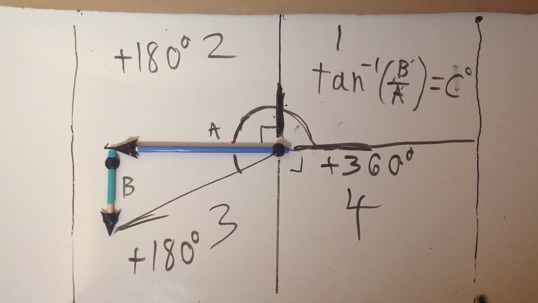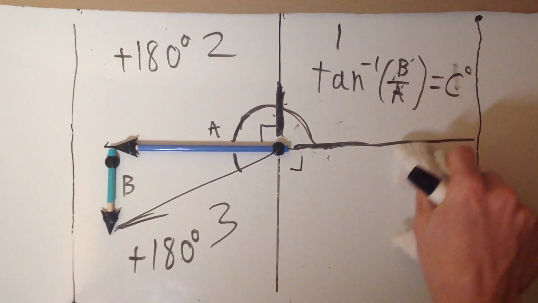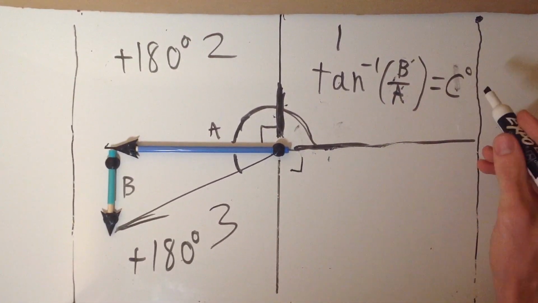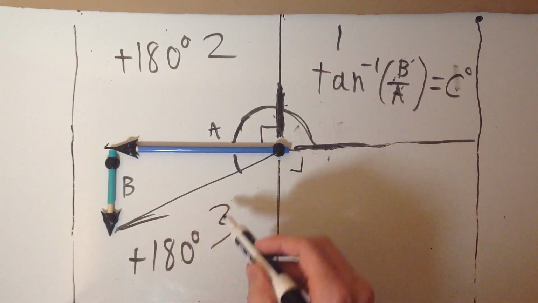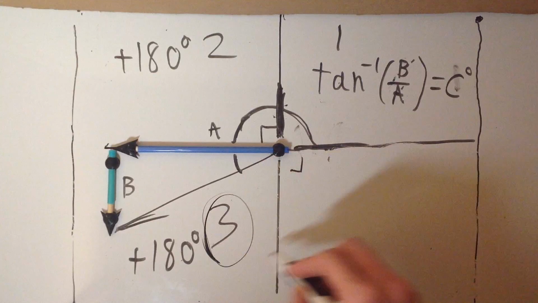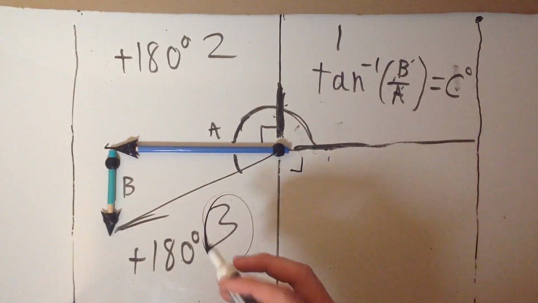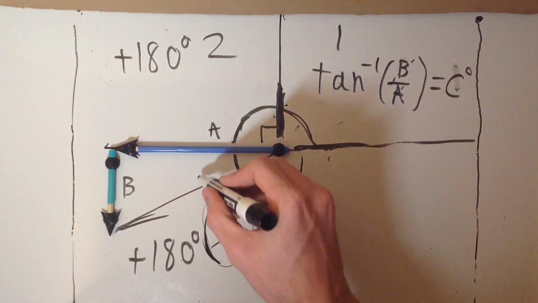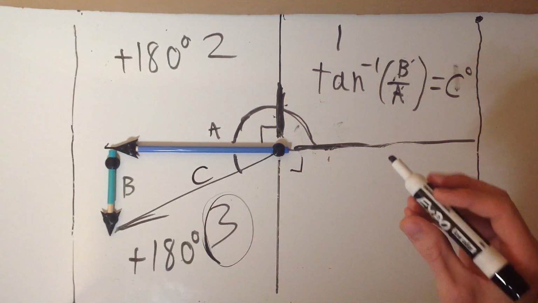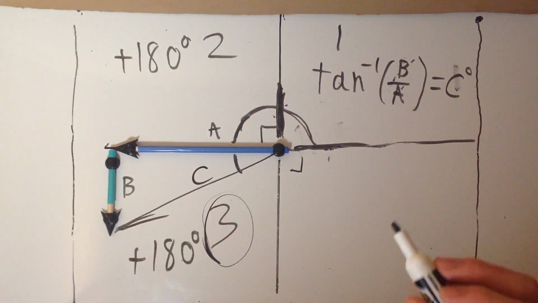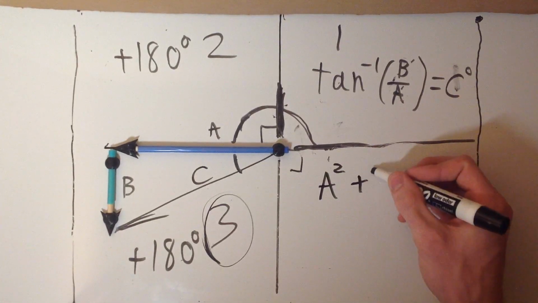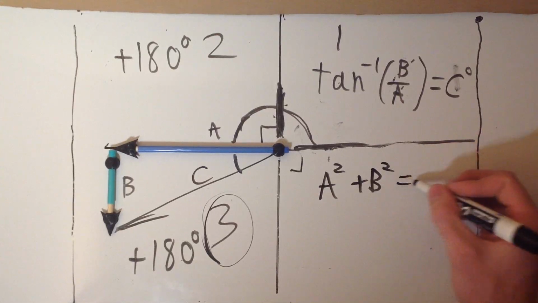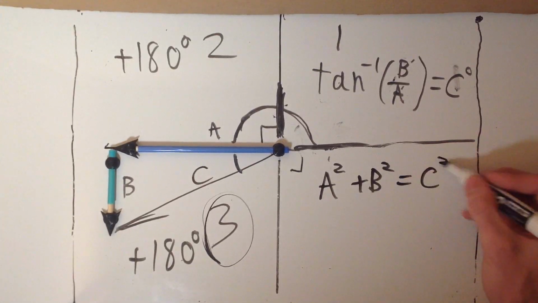And now we need to find the magnitude. So let's create a little more space here. In this case, our final answer would be C plus 180 degrees, because it's in quadrant number 3. But now we need to find out what magnitude this resulting vector C will be, and we get that from the Pythagorean theorem: a squared plus b squared equals c squared.